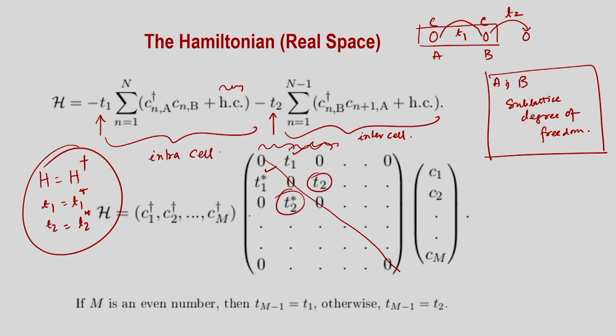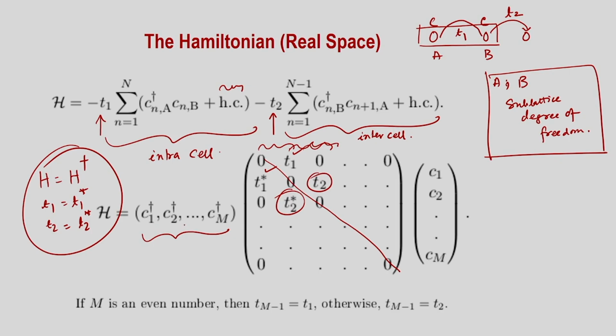Okay. So, the first line indicates the Hamiltonian written in the site basis, and in the second term we wanted to make sure that you know how to write it in the basis formed by these site operators.